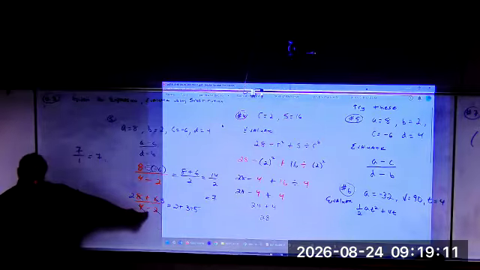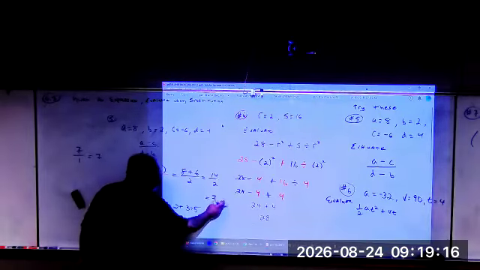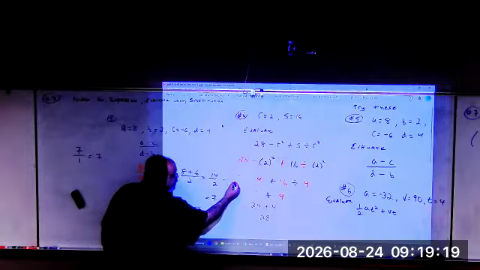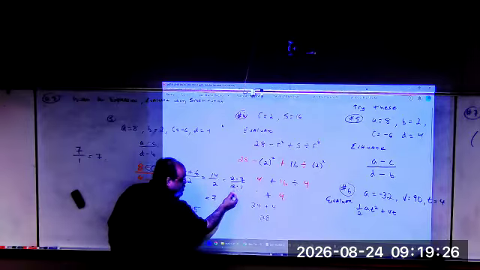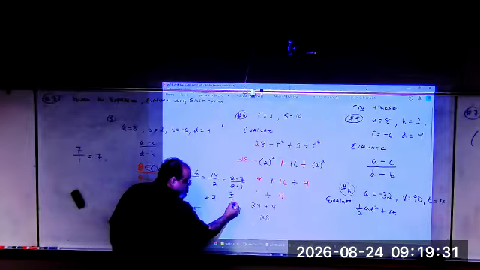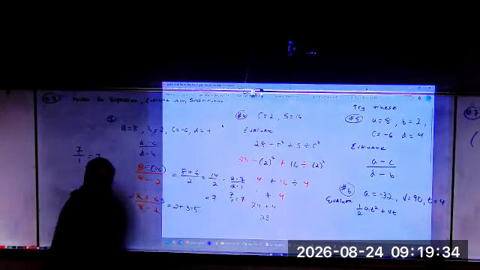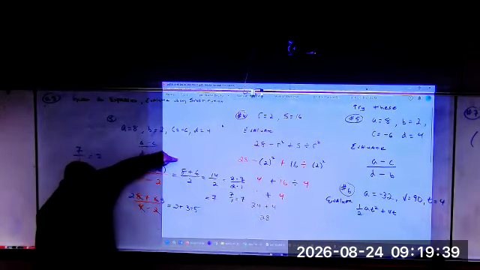Addition and subtraction is not factors. Factors have to be multiplication. The reason why we can reduce this is because this is 2 times 7 factors, multiplication, divided by 2 times 1, 2 over 2 reduces to 1 over 1. 7 over 1 is just 7. So again, order of operation, I have to simplify the numerator, denominator, and then I can reduce the fraction. If it reduces, it reduces; if it doesn't, it doesn't.